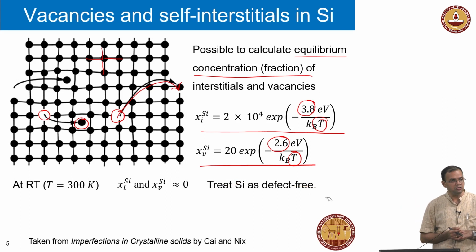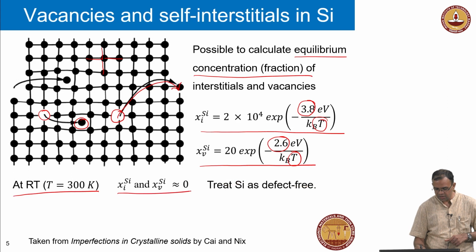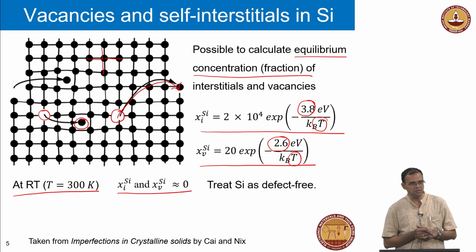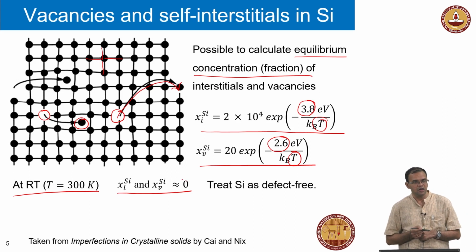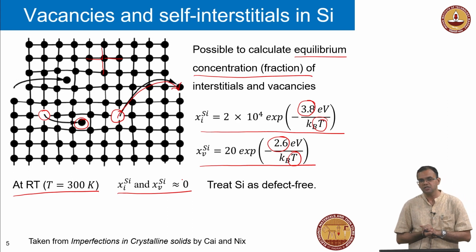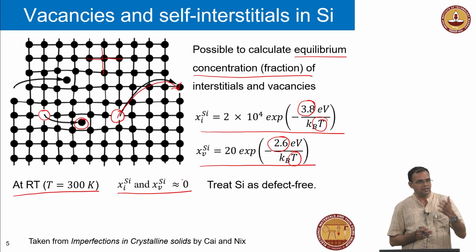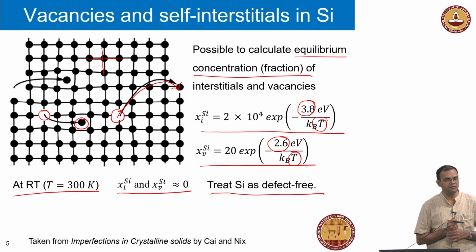If I calculate at room temperature what these numbers are, it turns out those numbers are so small that you can treat them as zero. What this tells us is that at room temperature, the energy to create either a vacancy or an interstitial in silicon is so high that you can treat your silicon as defect free.